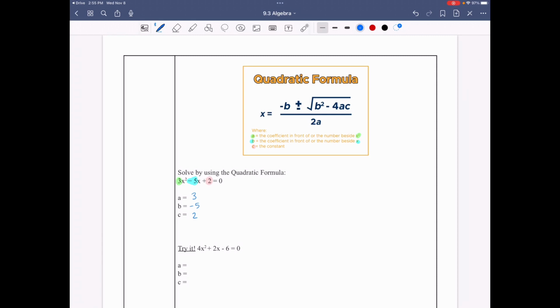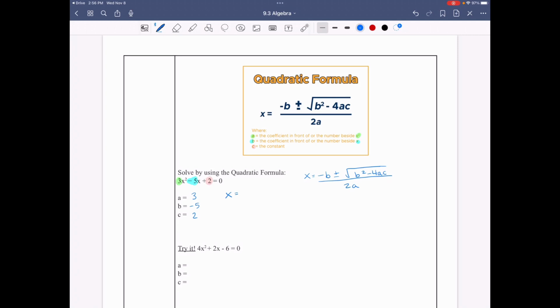So to help you memorize the quadratic formula, you need to write it again. X equals negative b plus or minus square root b squared minus 4ac all over 2a. Now it's just a game of evaluating. So we're going to plug in to the quadratic formula.